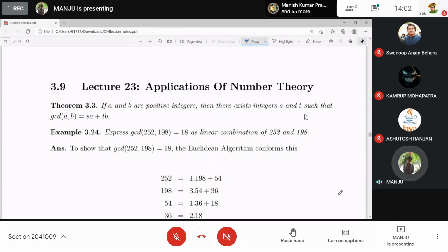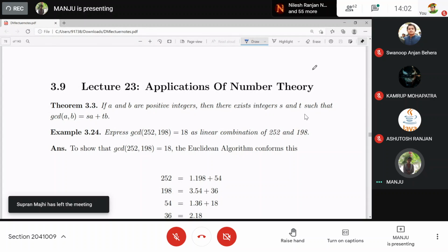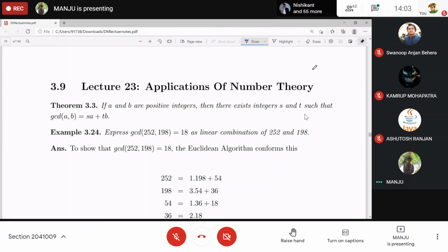We were discussing application of number theory yesterday, right? If you have any specific doubt before this, chapters 1, 2 and 3, you can ask me. Anyone having any doubt before this? Ma'am, RSA. Anything else?